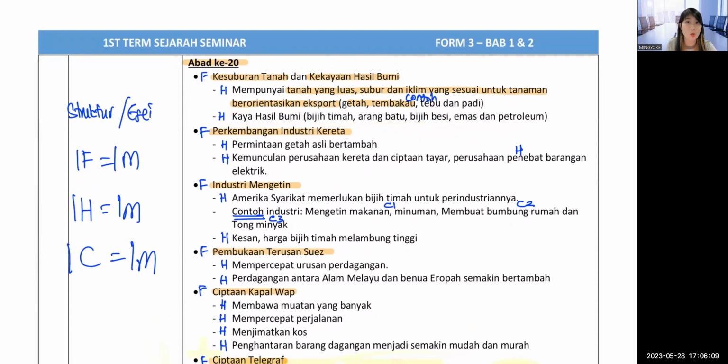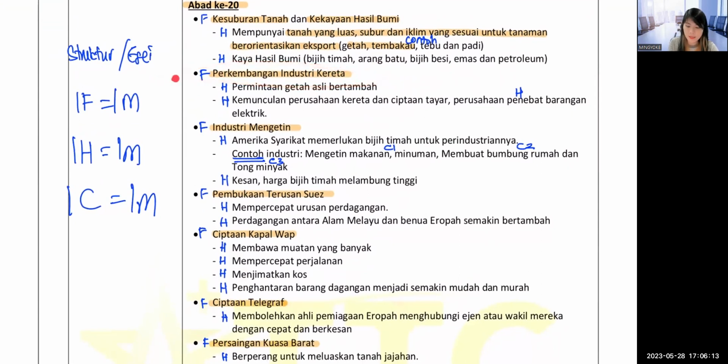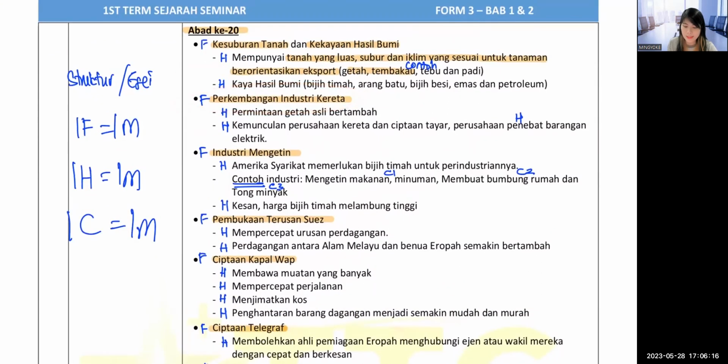All right. Perkembangan industri kereta. The second reason why they conquer us is because of the car industry. The car industry developed, and they needed natural rubber, getah asli. Other than that, they needed getah asli for the car, especially tayar, and also for the penebat barangan elektrik, insulator of the electrical appliances.